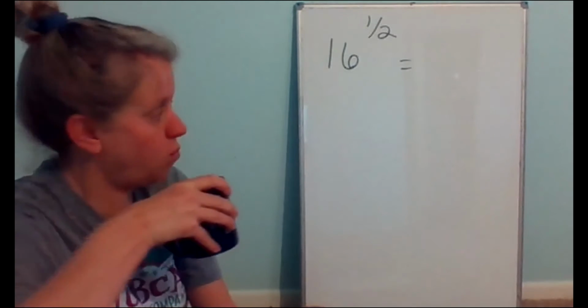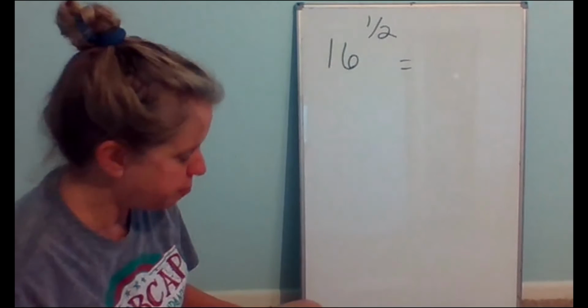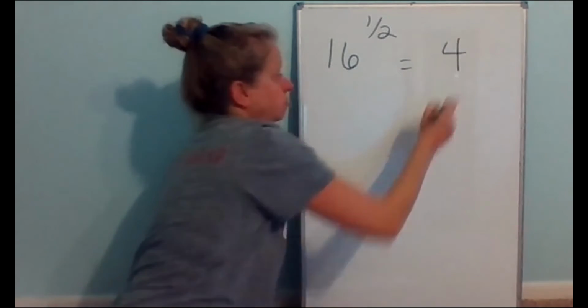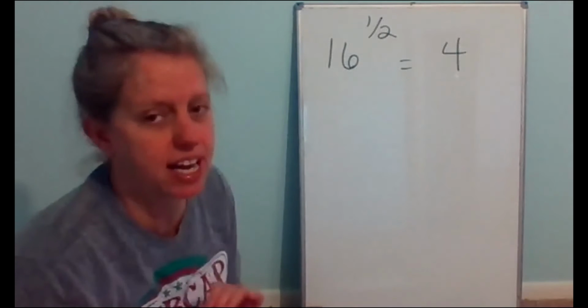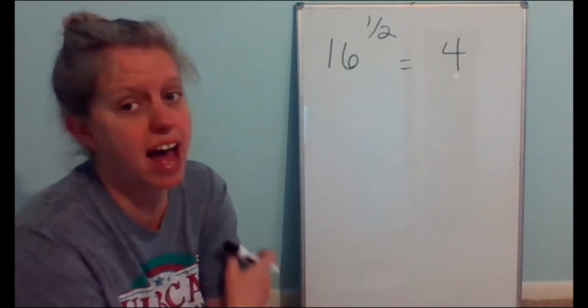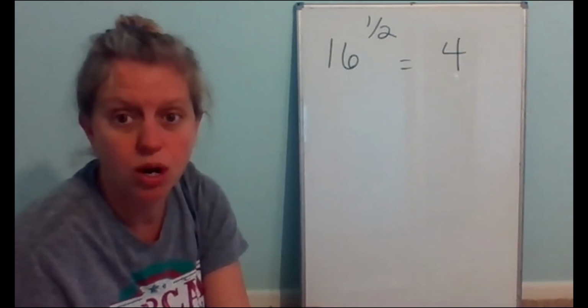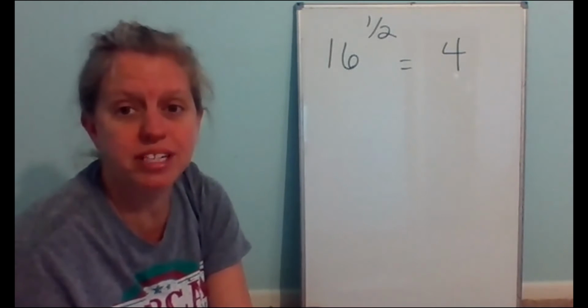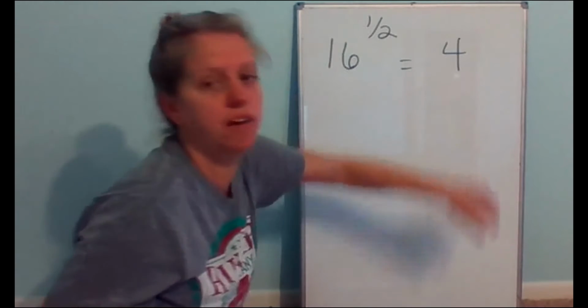So 16 to the 1/2 power is 4, right? It's not half of 16. Again, that's the most common mistake, is people want to take half of 16. It is not half of 16. It's 16 to the 1/2 power, which means what number times itself is 16, which is 4.